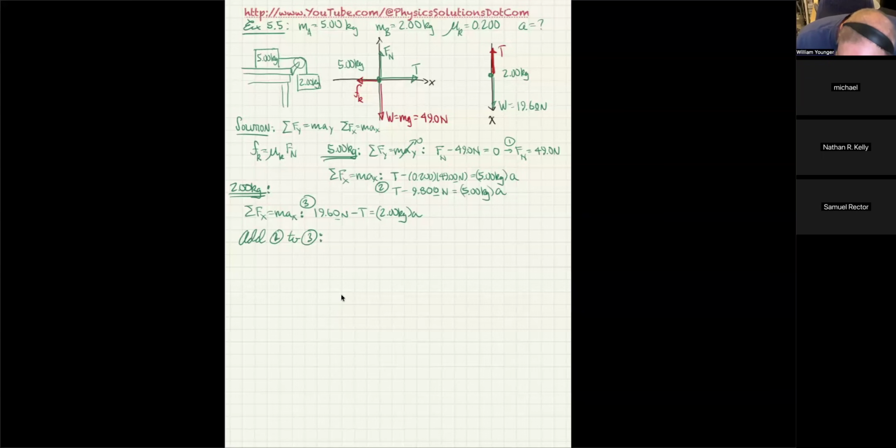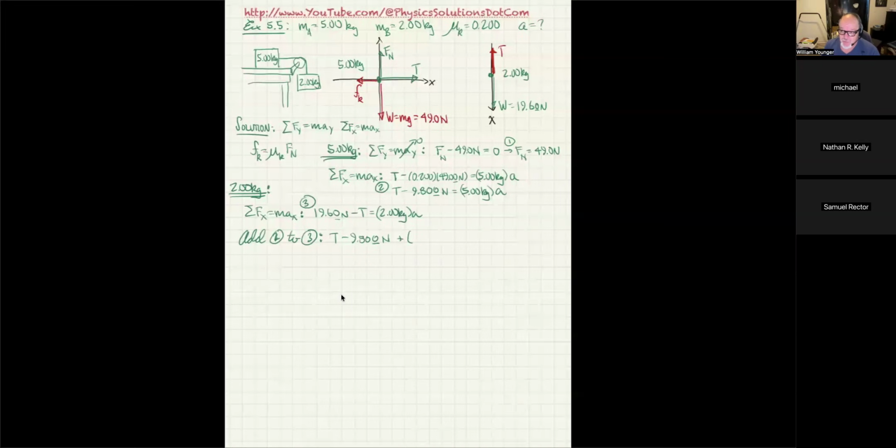So I'm going to say T minus 9.800 newtons plus, now I'm adding equation 3's left-hand side. If I was subtracting or if I was multiplying equation 3 by a constant of some sort other than 1, it would be very important that I remember to distribute. So I'm going to put parentheses around the left-hand side of equation 3 just to remind you that that is good procedure.